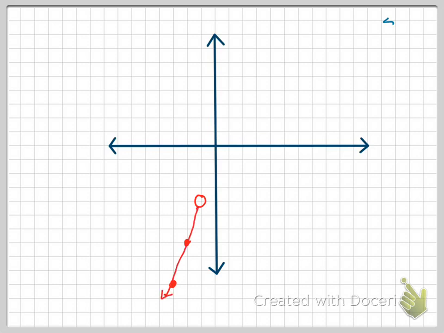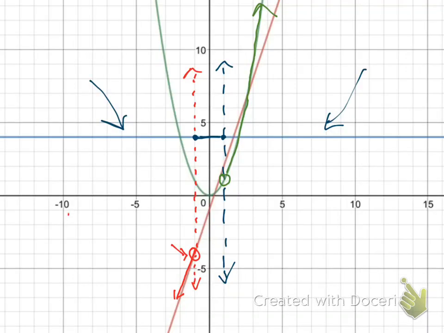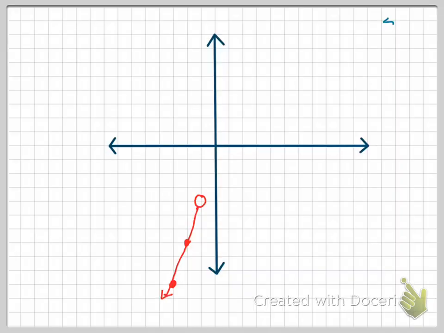Now, my blue part of my line is at y equals 4 in between -1 and 1. So here we go, and I've got closed dots. Whoops, that's not 4, is it? I need to go up to what? 4.